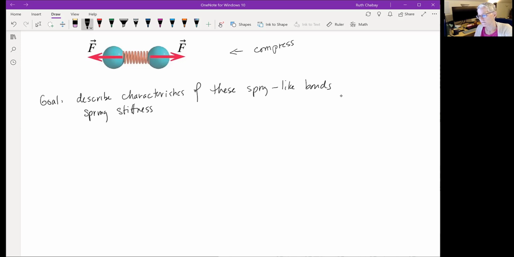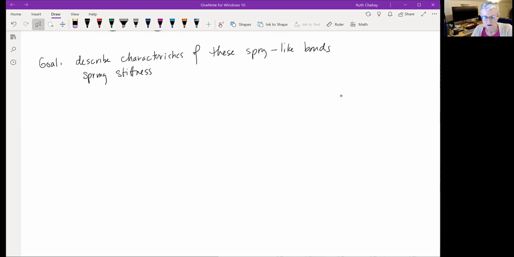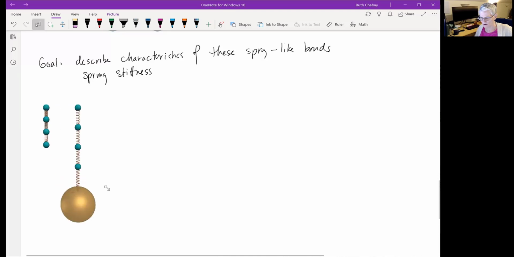So we're going to consider tension forces. We're going to consider a situation kind of like this one, just for concreteness.